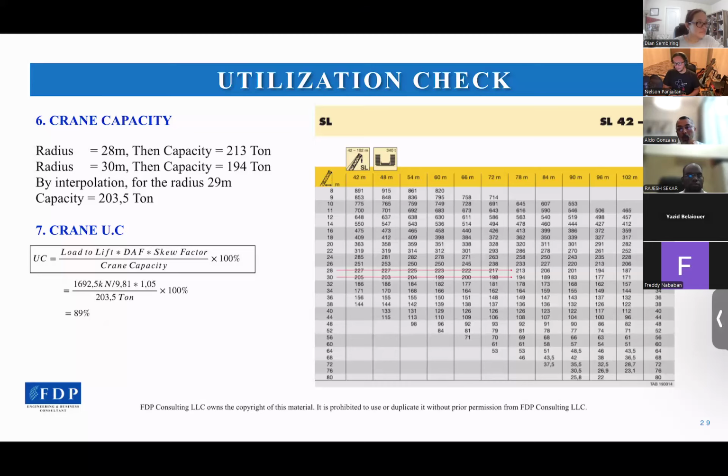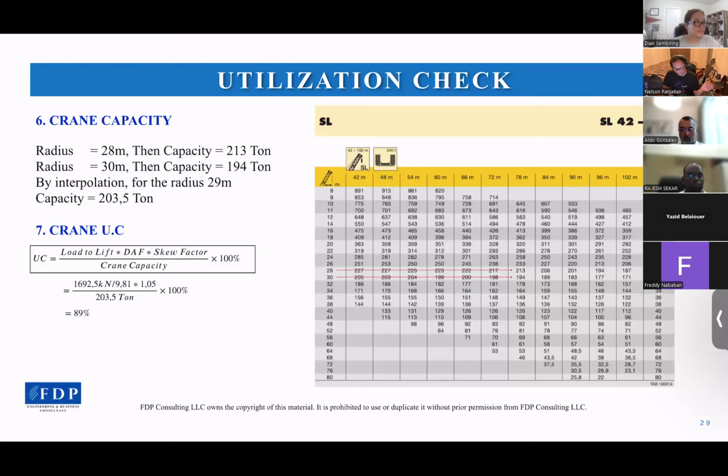We use the 194 tons, as I know. We don't use interpolation because some manufacturers in the load chart say that we have to use the smallest one. Yeah, sometimes the manufacturer also mentions it in the manual. If you have a radius that isn't mentioned in the load chart, you can refer to the lowest capacity.